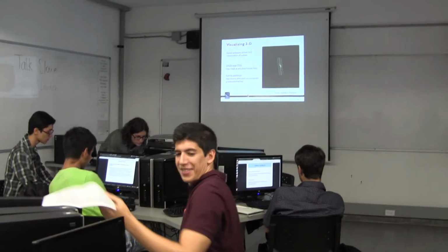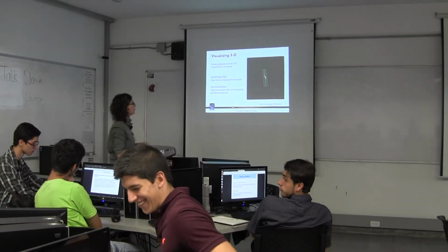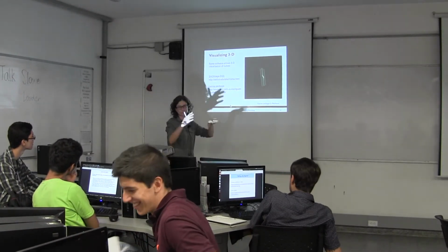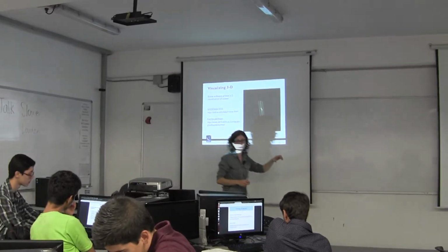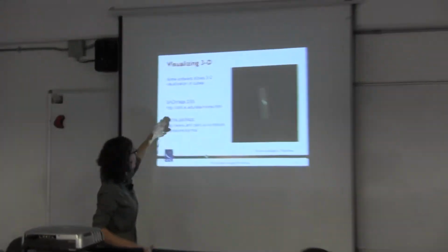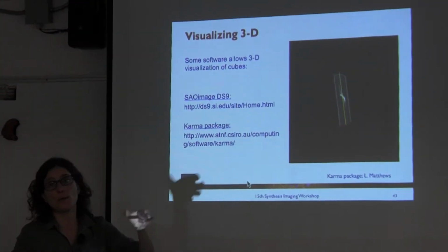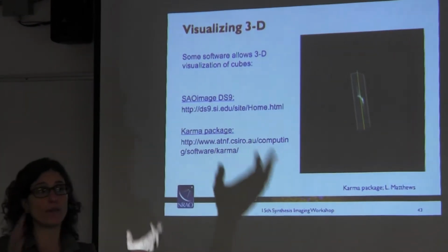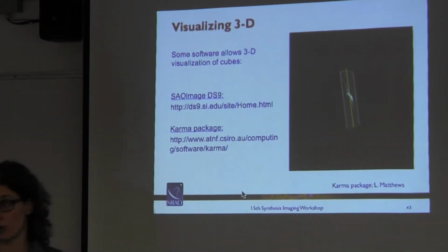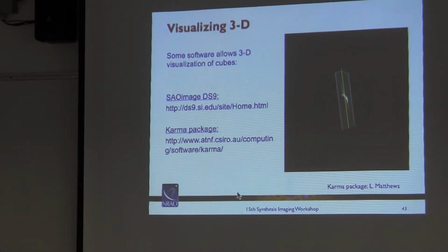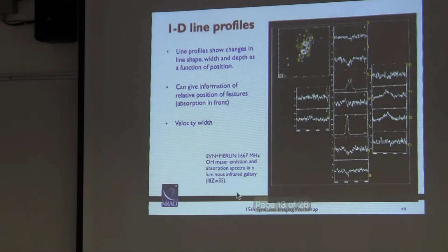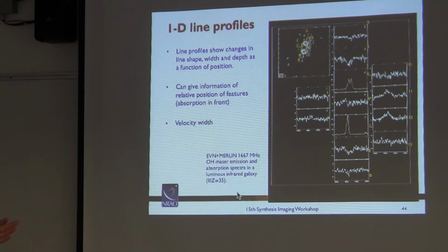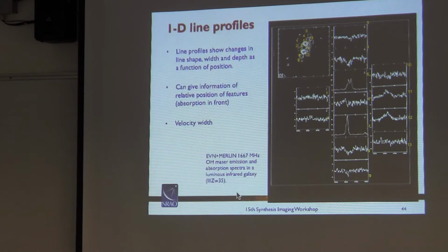Yes. So this would be a way to visualize the 3D data cube that I was talking to you about. There are a couple of packages that you can use, but within CASA, we will be able to also see those channel maps. We can do what I was showing to you, line profiles.